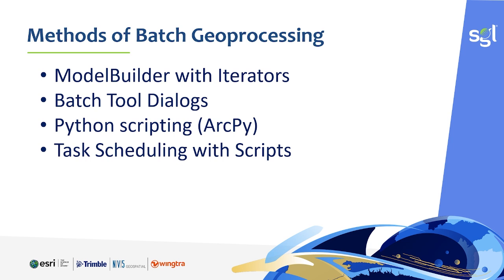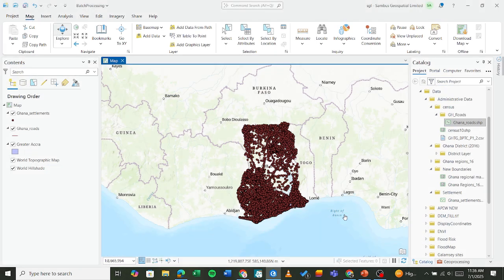So let me go ahead and switch over to my ArcGIS Pro 3.4. All right, so I've gone ahead to jumpstart my software. I've loaded in my data sets.